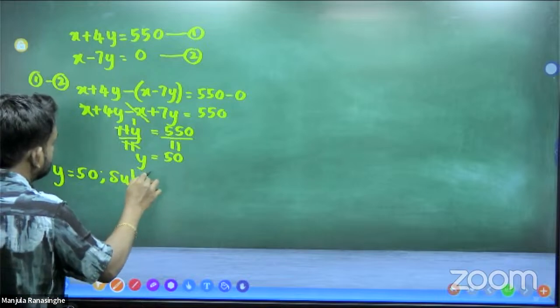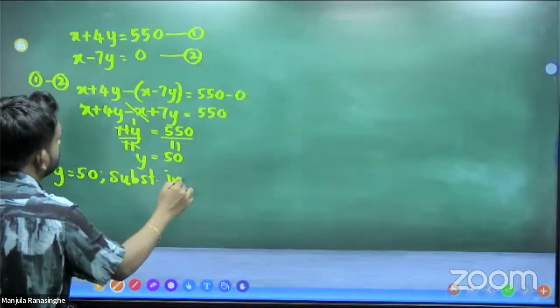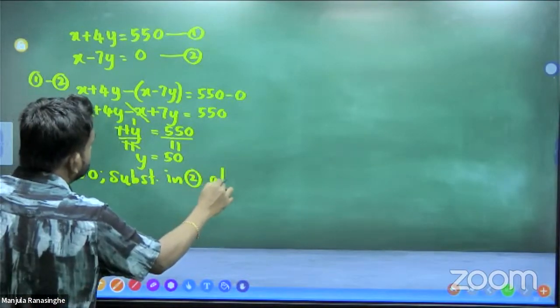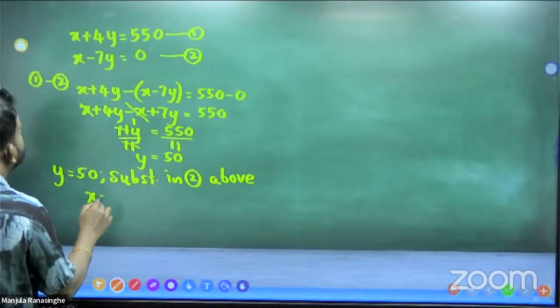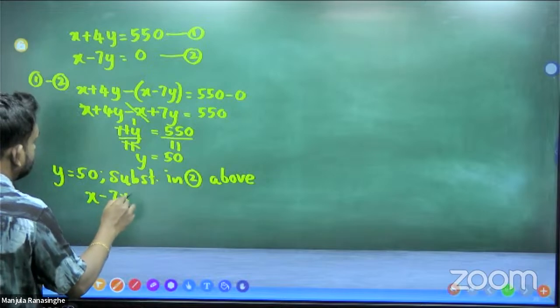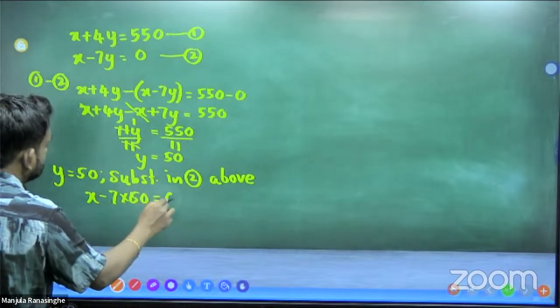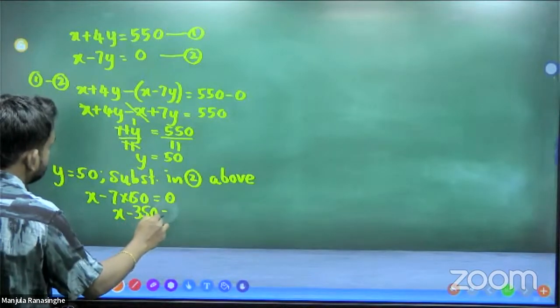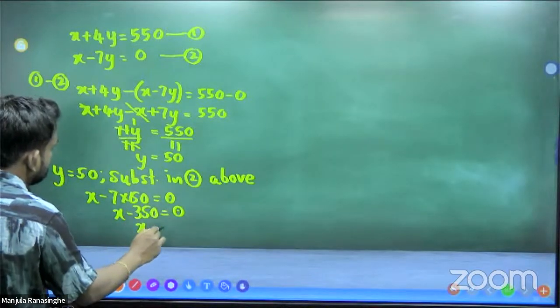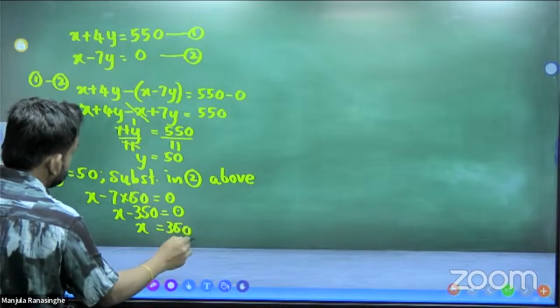Substituting in 2 above, then you can take the answer. So x minus 7 into 50 equals 0. Then x minus 7 into 50 is 350, equals 0. Then x equals 350. That means what?